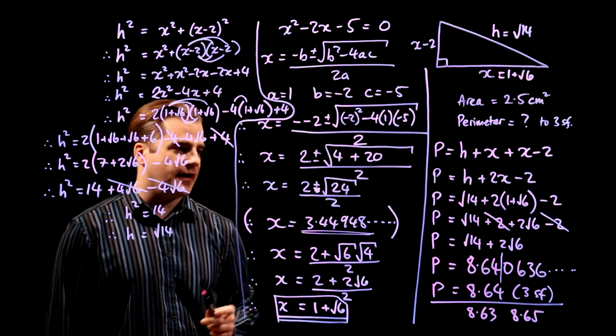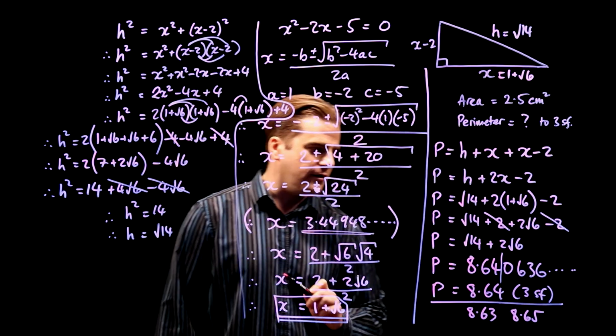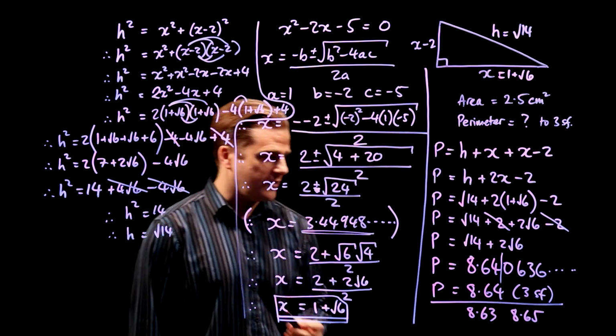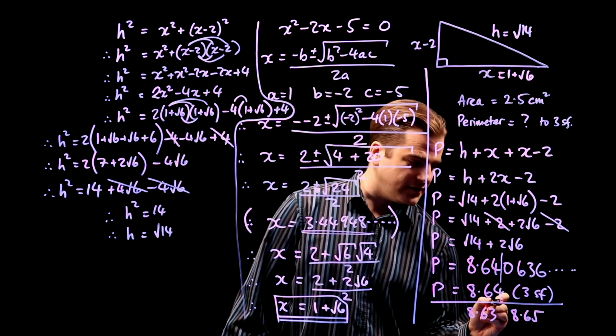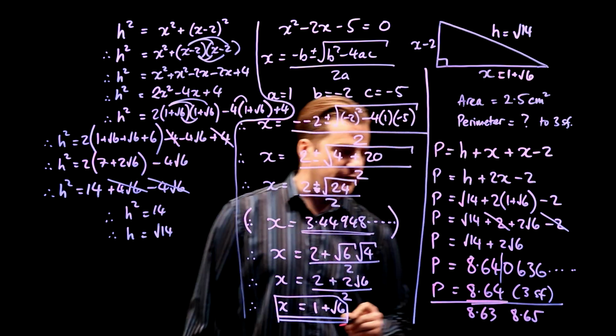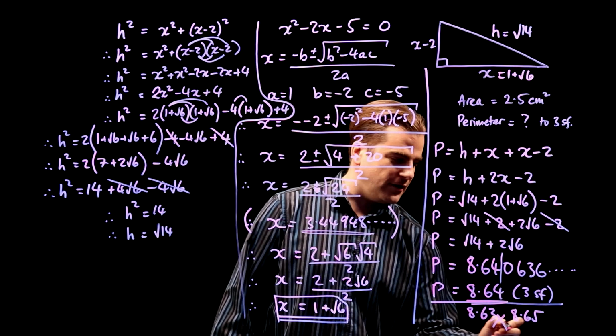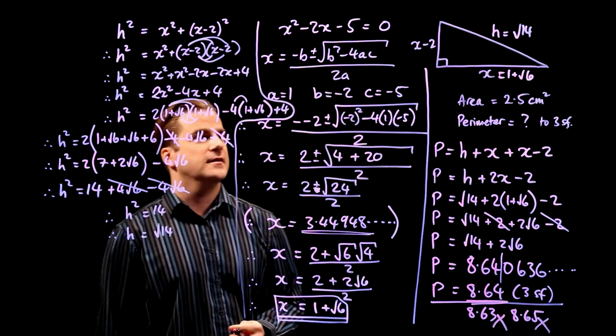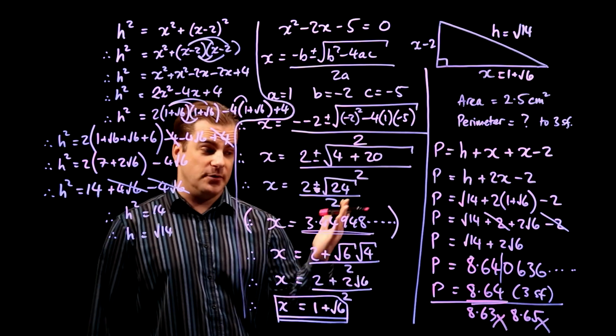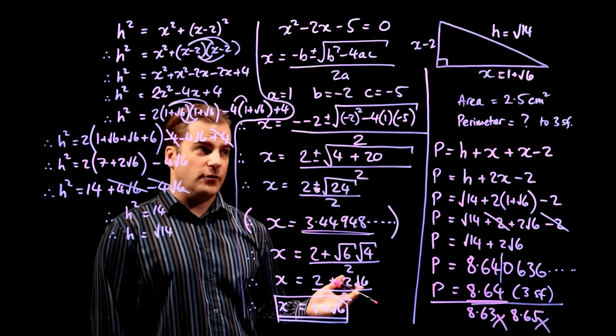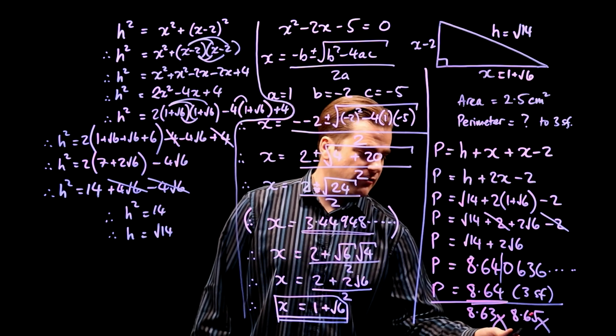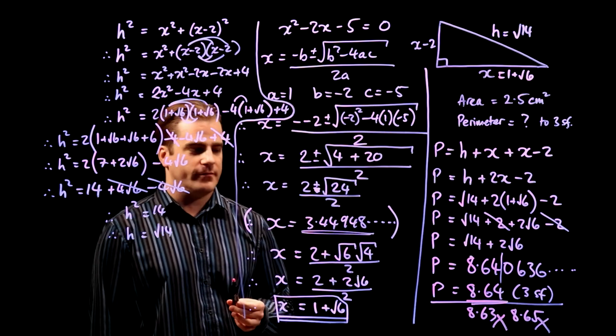Using this surd technique and getting the exact value of the perimeter, to 3 significant figures it is 8.64. It's not 8.63 or 8.65. And yet, apparently, you will get full marks if you write 8.63 or 8.65.